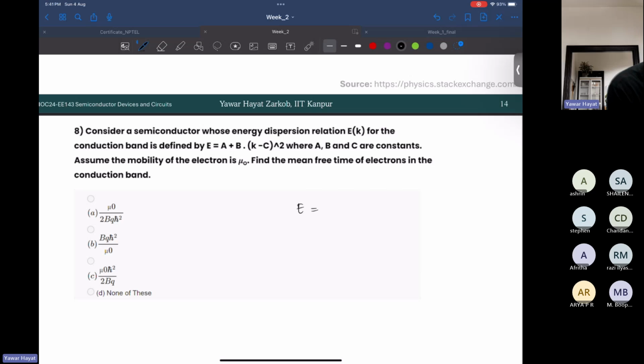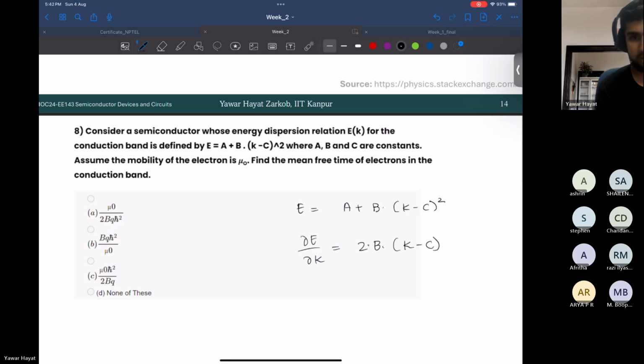Your E was A plus B times (k minus C) squared, right? Your dou E by dou k would be 2 times b times (k minus c).